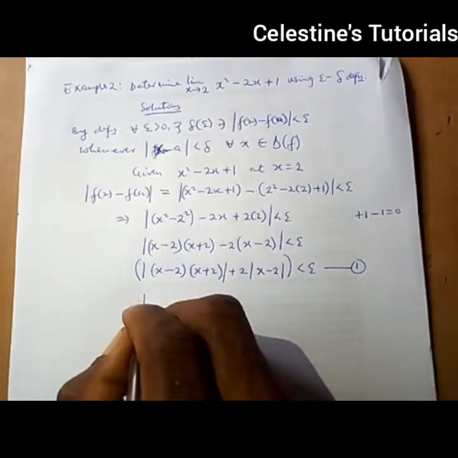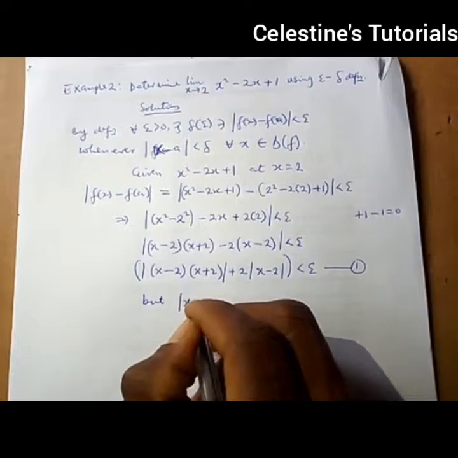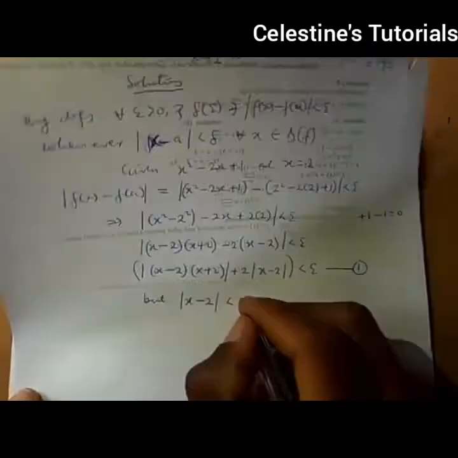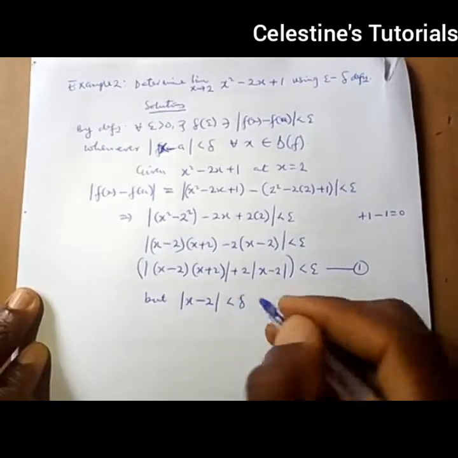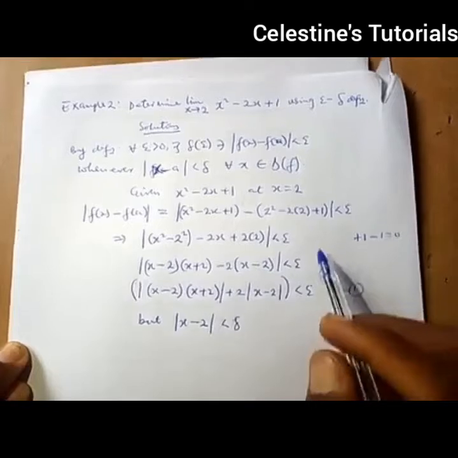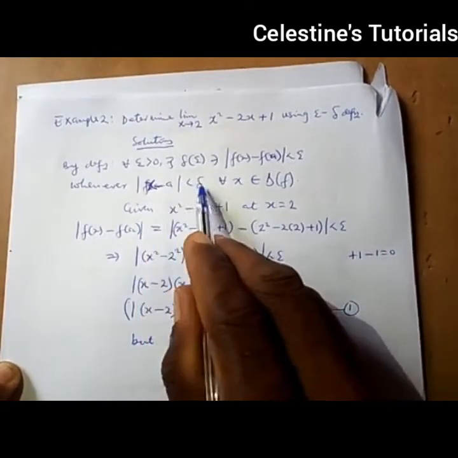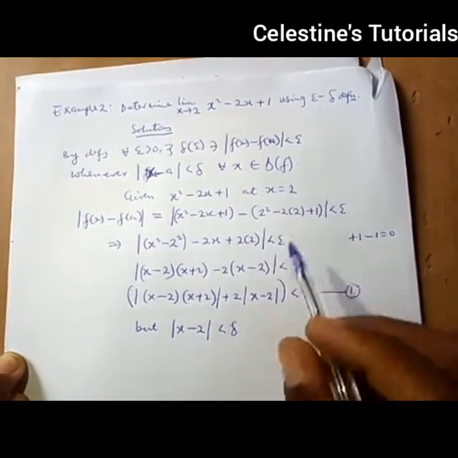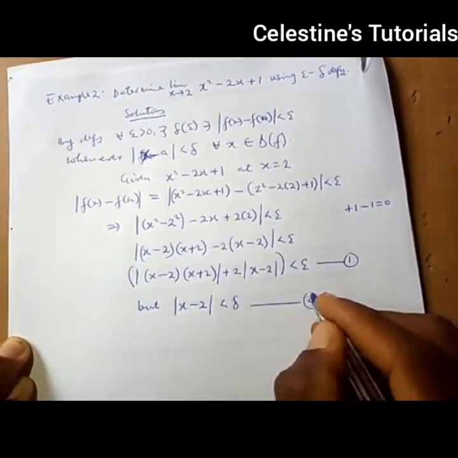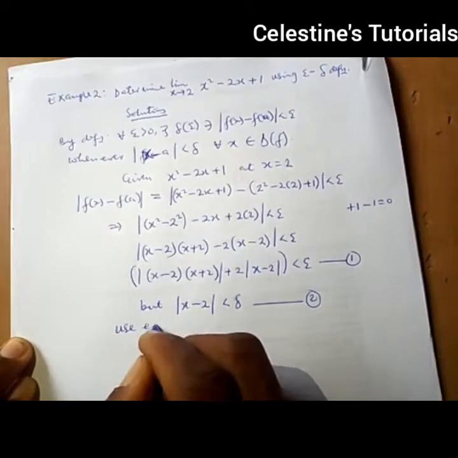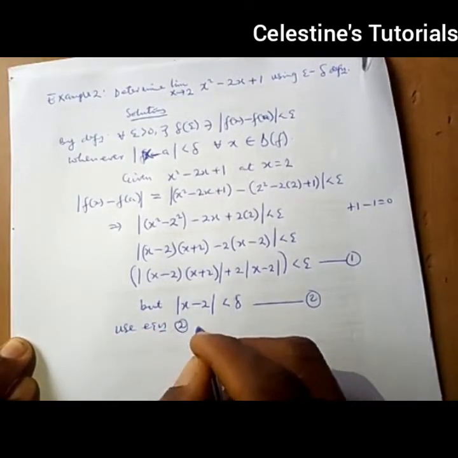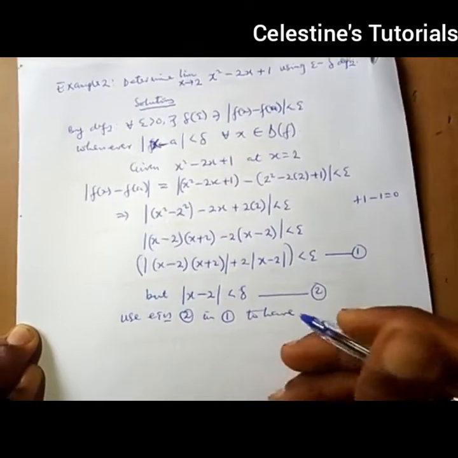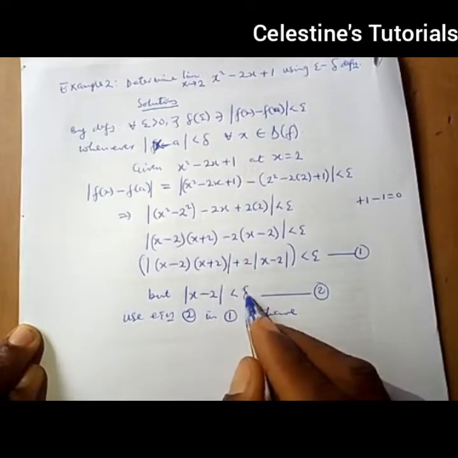Now let |x minus 2| be less than delta. From our definition, you have |x minus a| less than delta. Our x is here, our a is 2 at x equal to. So this is equation 2. Use equation 2 in 1. Now where you see |x minus 2|, you now use delta.